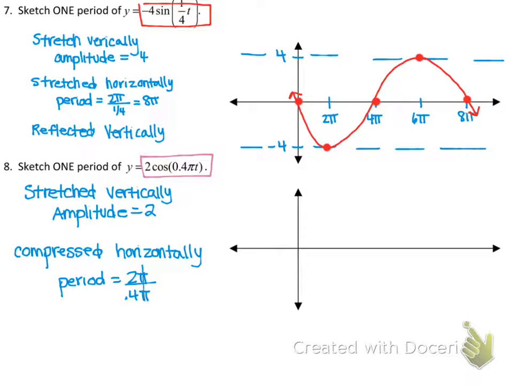The pi's cancel, and then 2 divided by 0.4 gives you 5. So that is our period. Now, when we label the x-axis, we're going to divide everything by 4. So I'm up at 2, down at -2 for my amplitude.